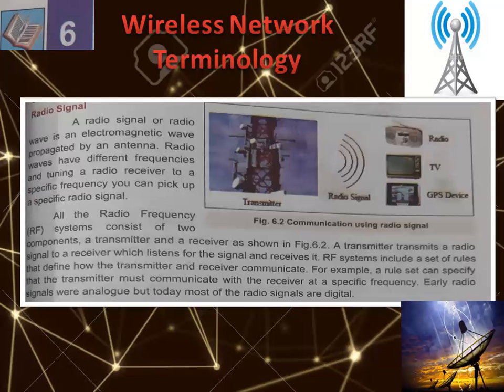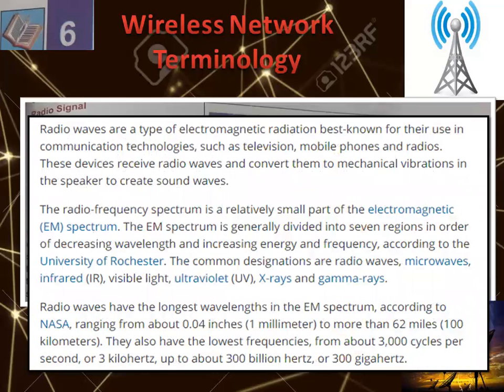So radio waves are a type of electromagnetic radiation best known for their use in communication technologies such as television, mobile phones, and radios. These devices receive radio waves and convert them to mechanical vibration in the speaker to create sound waves. The radio frequency spectrum is a relatively small part of the electromagnetic EM spectrum.